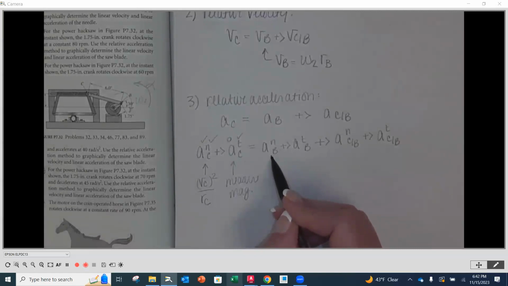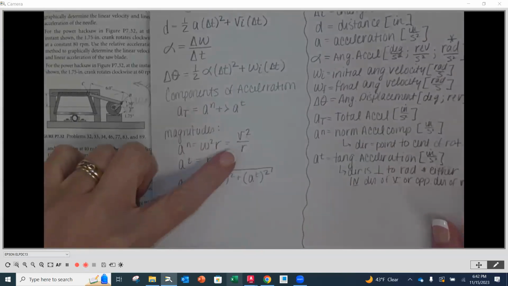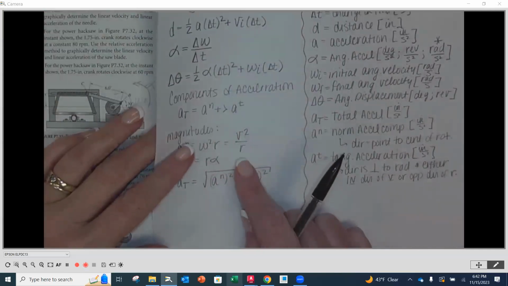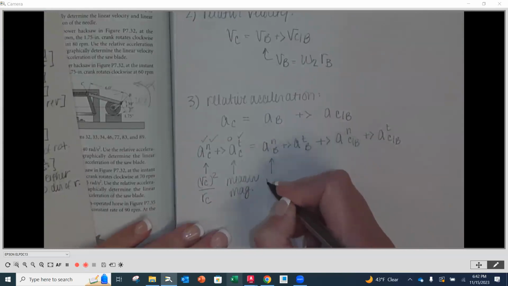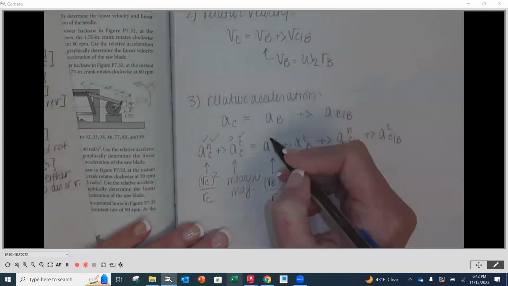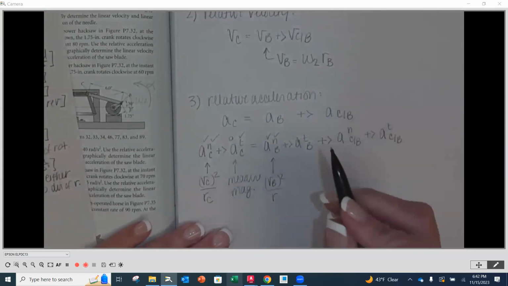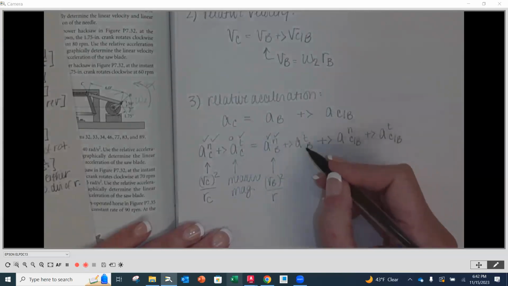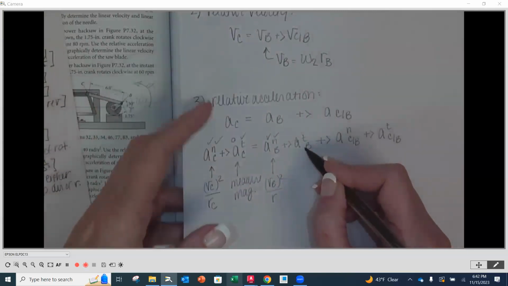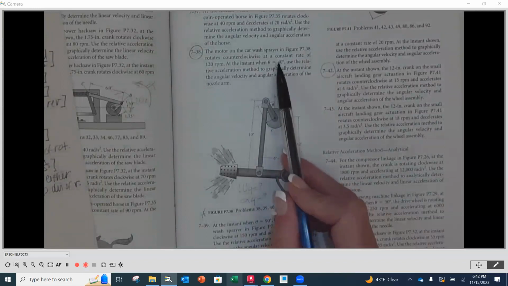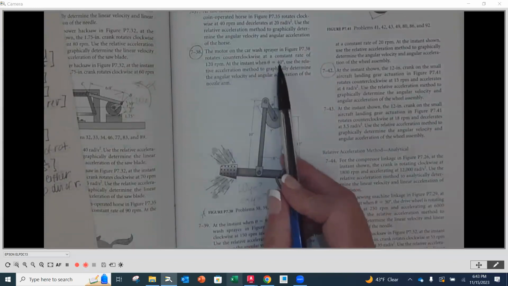the normal component of the acceleration of B is going to be using either one of these again, and I'm just going to write VB squared divided by R for its magnitude. Its direction is going to be pointing from point B back towards its center of rotation, which is point A. Tangential: as we look at this problem, it says that we are rotating counterclockwise at 120 RPM at a constant rate.